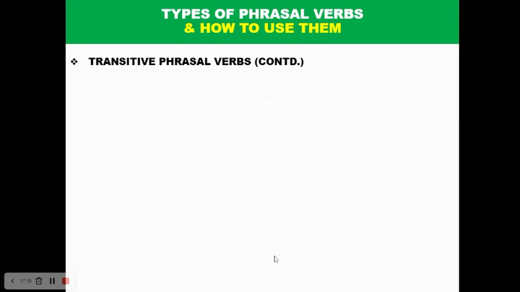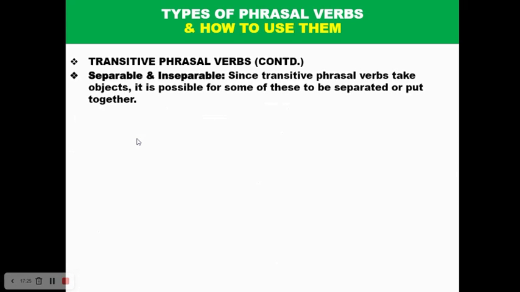Now let's undo the marks and then we look at more instances of how we can use transitive phrasal verbs. Now, we can use transitive phrasal verbs either as separable or inseparable.